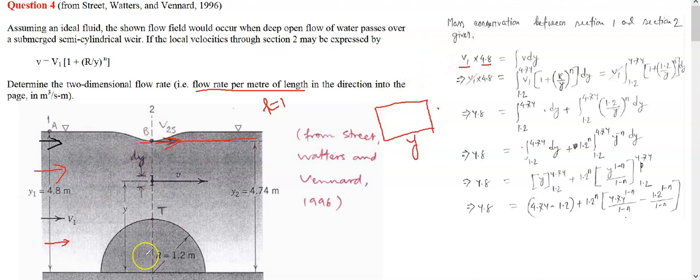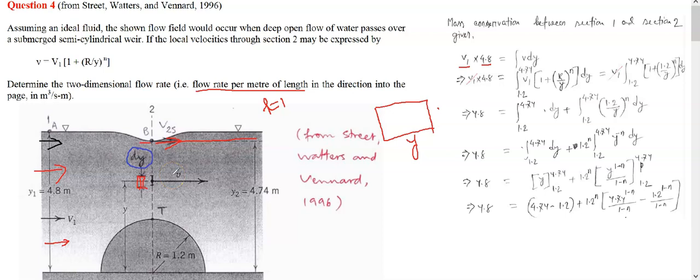However, for section 2, if we say this distance from here to here is y, and in this center if we take an elementary section like this, a very small section, let's say this is dy, a very small section with area dy, and the velocity here is v.